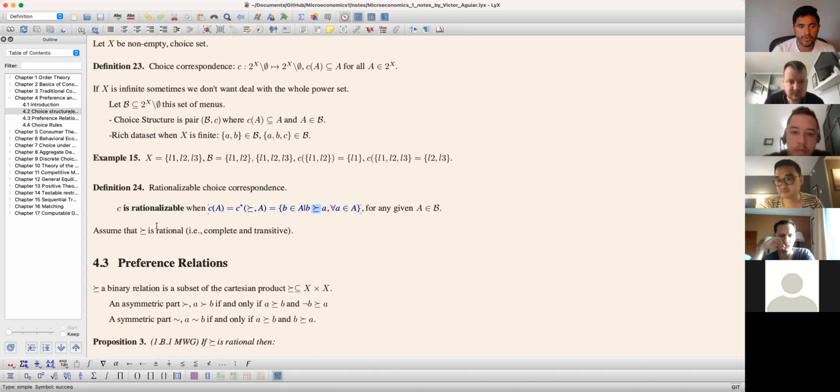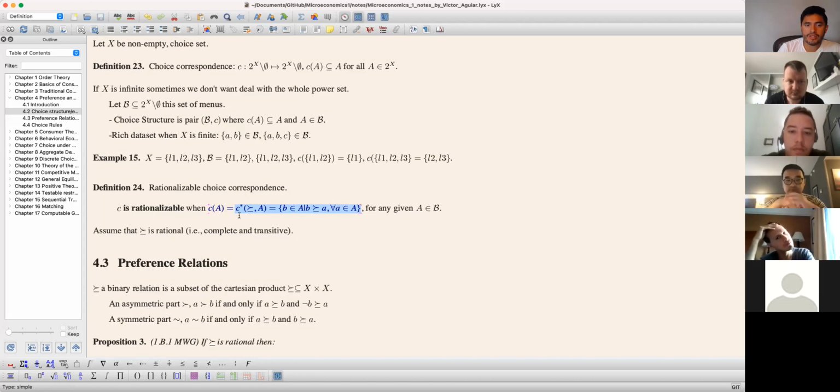And this preference relation is required to be complete and transitive. I also introduce this notation, modeled from Mas-Colell, that says if I put a star on top of the C, this is a shortcut for this set here, the set of maximizers.